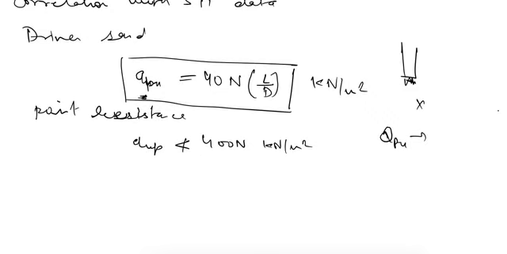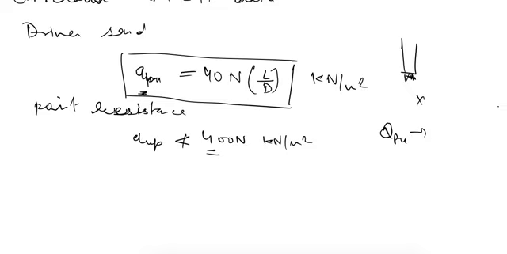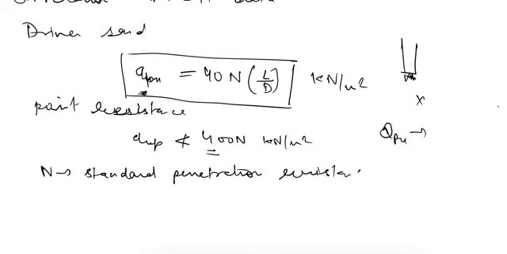If it is coming out to be more than this, then we will ignore that and take 400 N as our value. And N here is the standard penetration resistance, without overburden pressure correction.